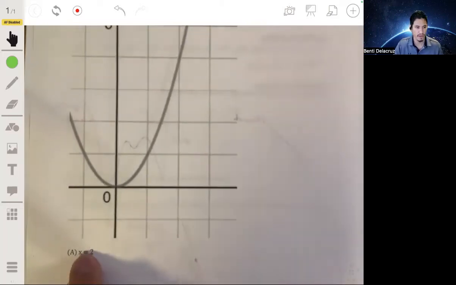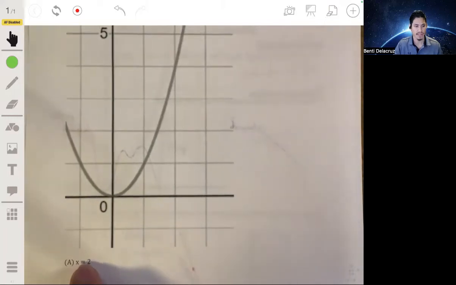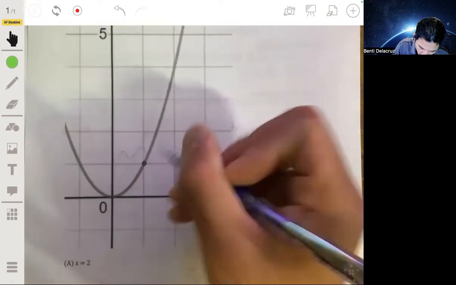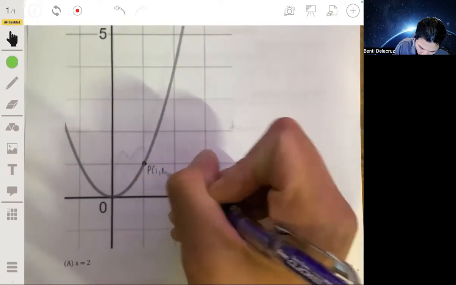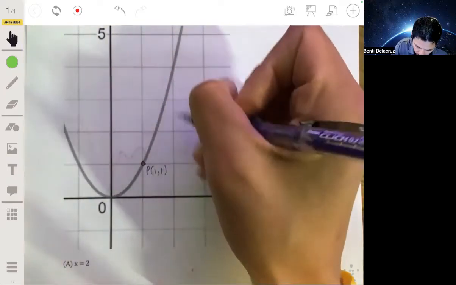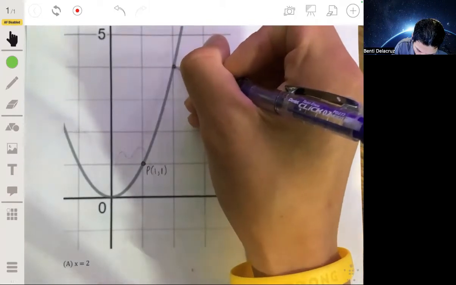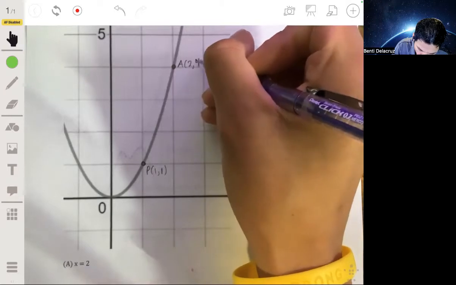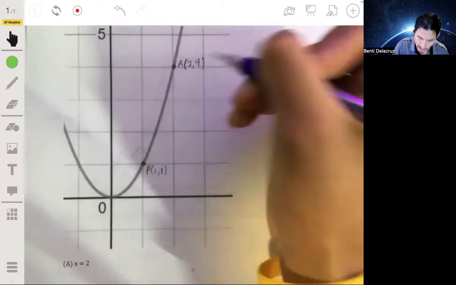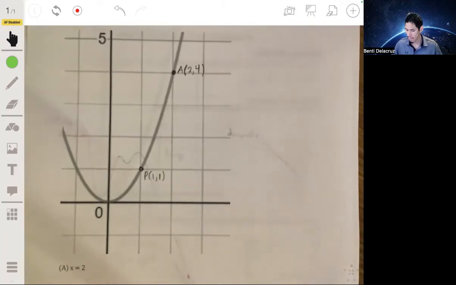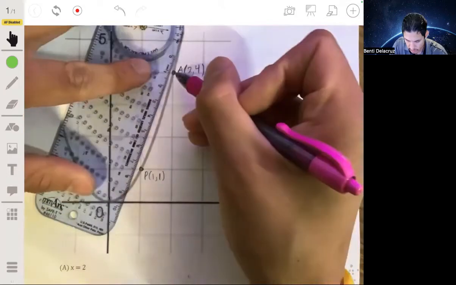So for example, if we're looking at the secant line that goes through x is 2 and point P, remember P is at 1, 1, and x equals 2 would be at 2, 4. We're going to call that point A. Let's draw this first one in pink.